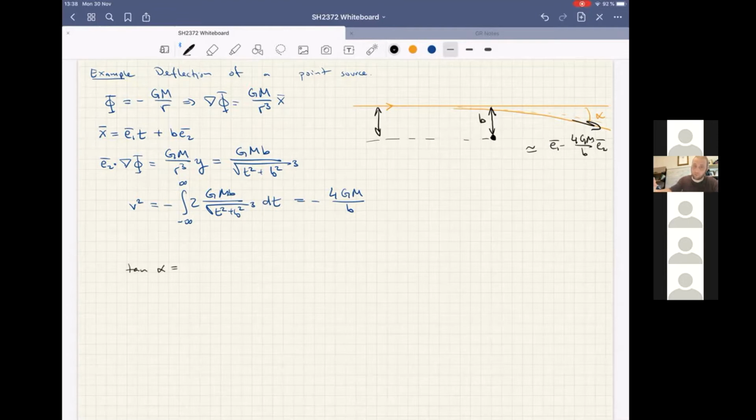That's going to be the 2 component divided by the 1 component, which means that we're going to have v2 divided by 1, because the x component is 1, which is just the absolute value of v2. And since it's a small angle, the tangent of the angle is approximately equal to the angle itself, so alpha is approximately equal to the absolute value of v2, which is then 4GM divided by b.